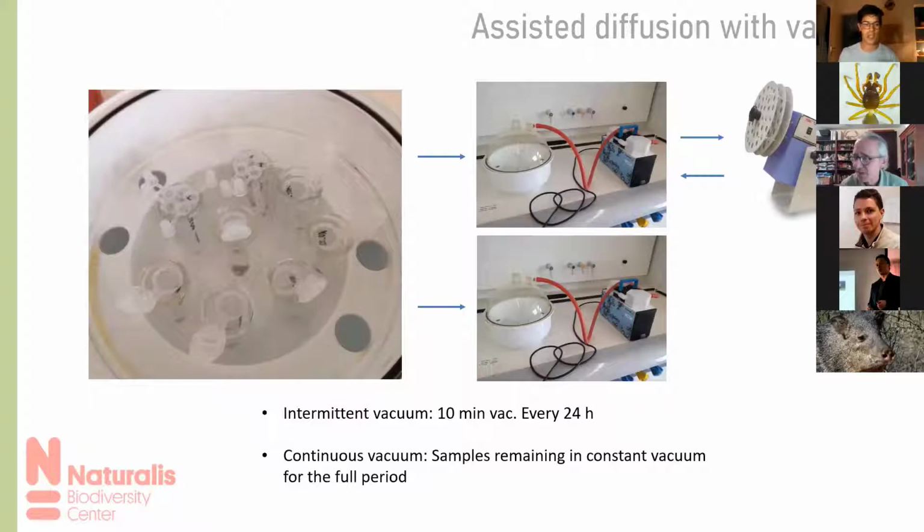One with an intermittent vacuum, where the samples were put in PTA and left in vacuum for 10 minutes, and then left in a rotator for 24 hours. And a continuous vacuum approach, where we put the samples in PTA and left them in a constant vacuum for the whole time that they were being stained.